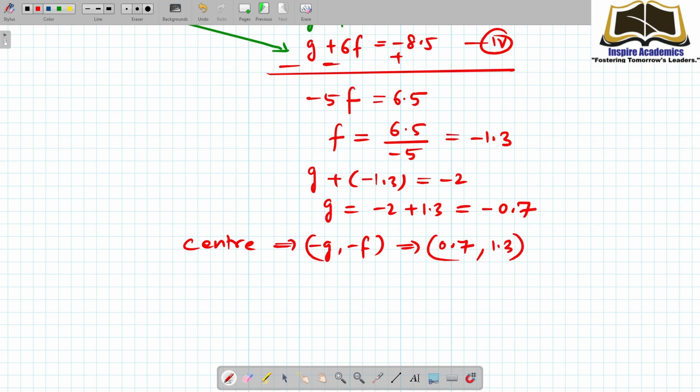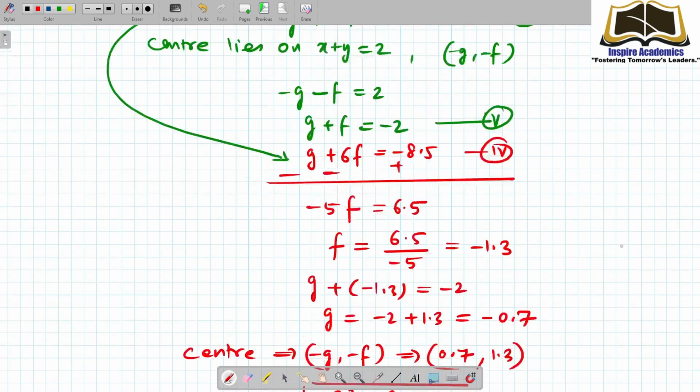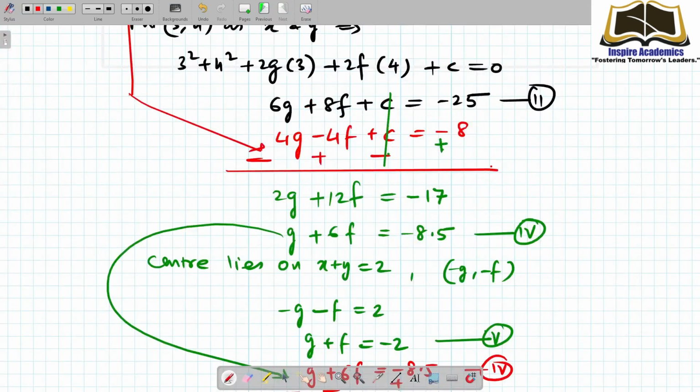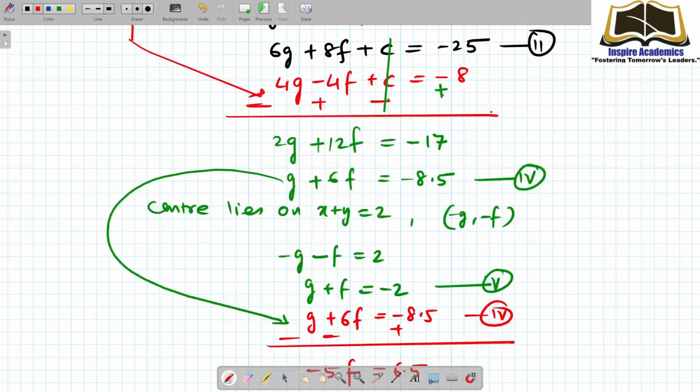And then r would be equal to what? R would be under root g square plus f square minus c. Since we already know g and f, we can easily find out the value of c. Let us take one of these equations. 4g minus 4f plus c is minus 8.